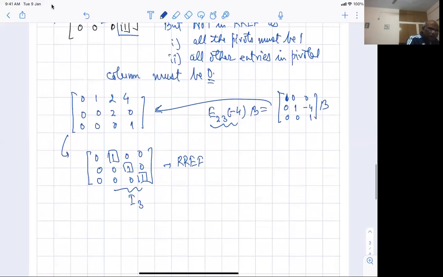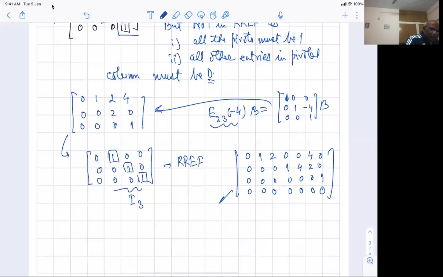You can also take another example. It has to start with 1: 1, 2, 0, 0, 4; 0, 0, 1, 4, 0; 0, 0, 0, 0, 1, with a zero row at the bottom.